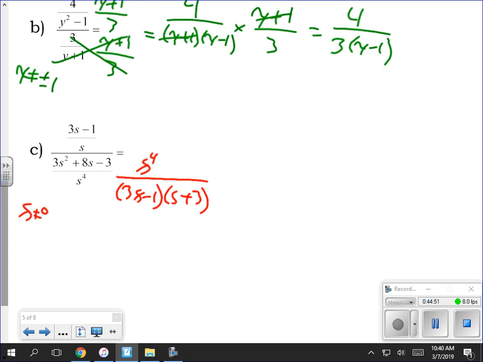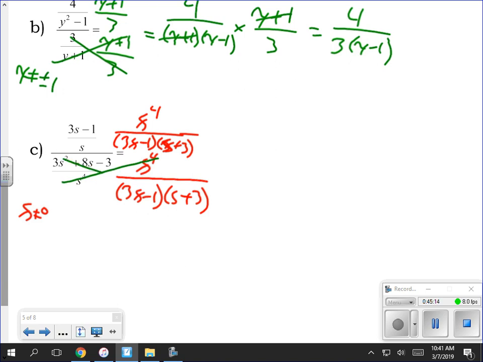And if I multiply the denominator by that, I have to multiply, s, not x, s plus 3, the numerator by that. Numerator and denominator multiplied by the same thing.